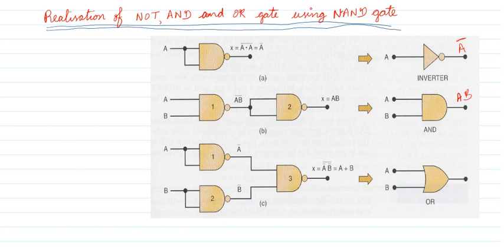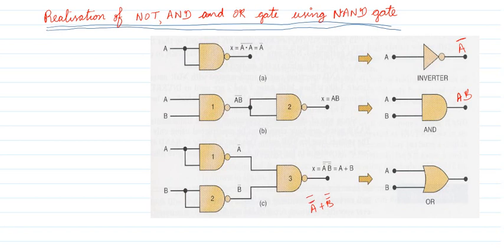Now if you look at this part, the input is A, both inputs are connected to the two-input NAND gate, so the output is A bar. Similarly, the input is B, the output is B bar. Here I am giving both to a NAND gate, and we know for a NAND gate the output is A bar, B bar, whole bar. Using De Morgan's, I can split this as A bar plus B bar, double complemented.